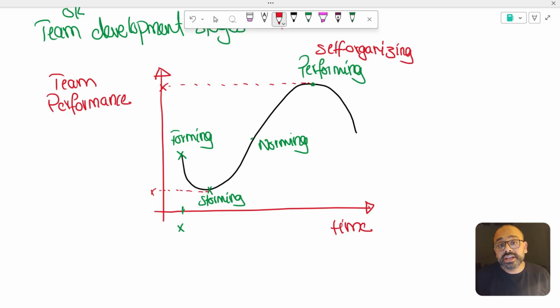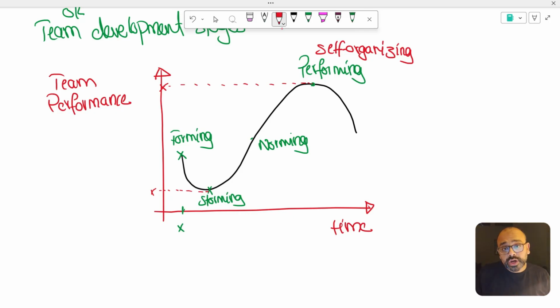A self-organizing team is a team that is organizing the work themselves. I'm very particular, organizing the work themselves. That doesn't mean that they are defining the roles and responsibilities by themselves. No, they are organizing the work themselves.